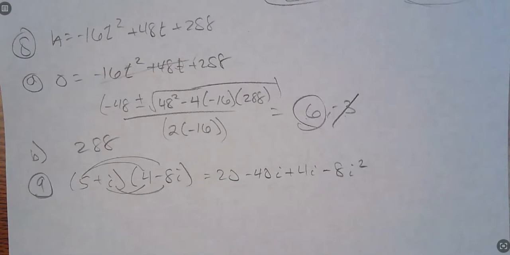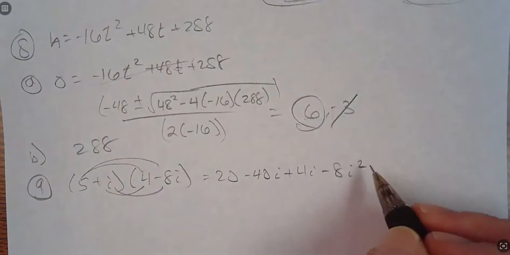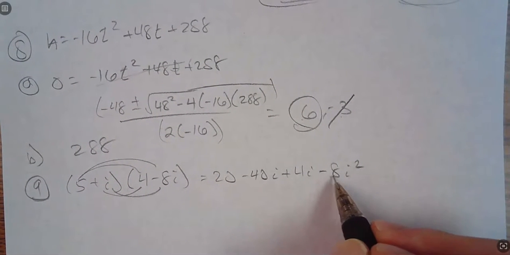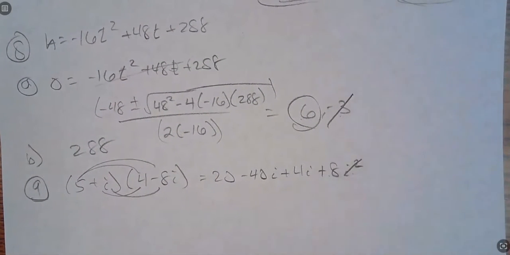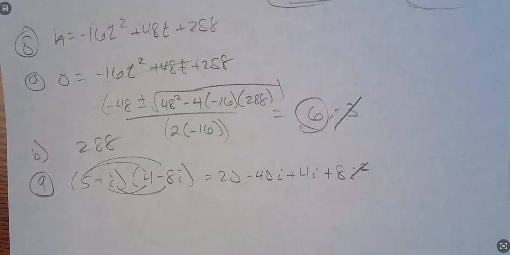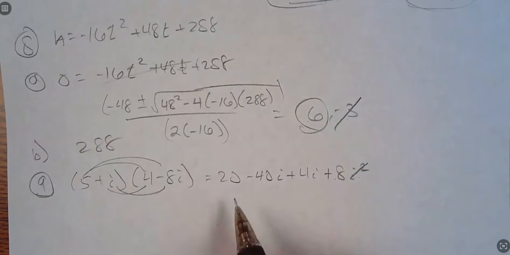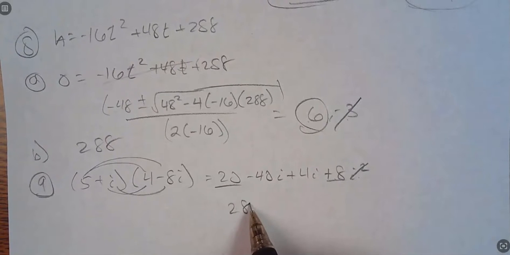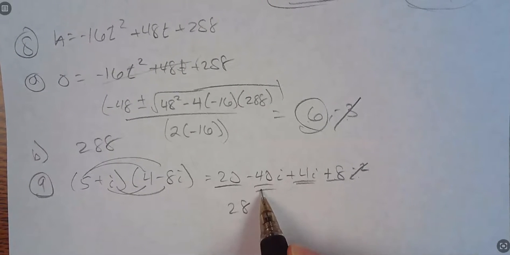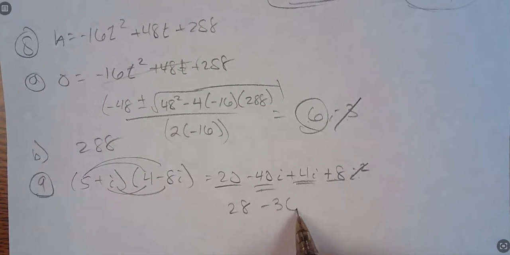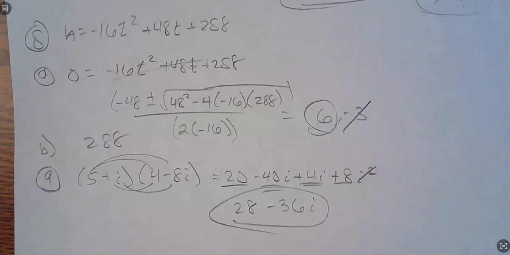What is i squared? i squared is the same thing as -1. So if I have -8 times -1, that's just going to switch the sign to +8. Now add like terms. So 20 plus 8 is 28. -40i plus 4i is -36i. That'd be your final answer.